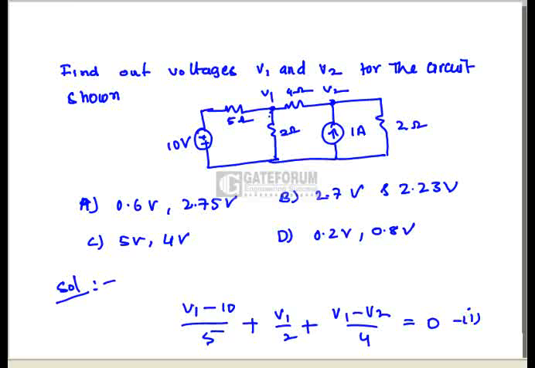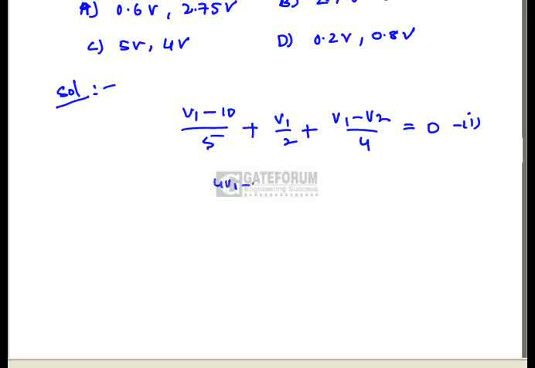Now if we simplify this equation, the LCM is 20, so 4V1 minus 40 plus 10V1 plus 5V1 minus 5V2 equals 0. Further simplifying, we get 19V1 minus 5V2 equals 40. This is equation number 1.